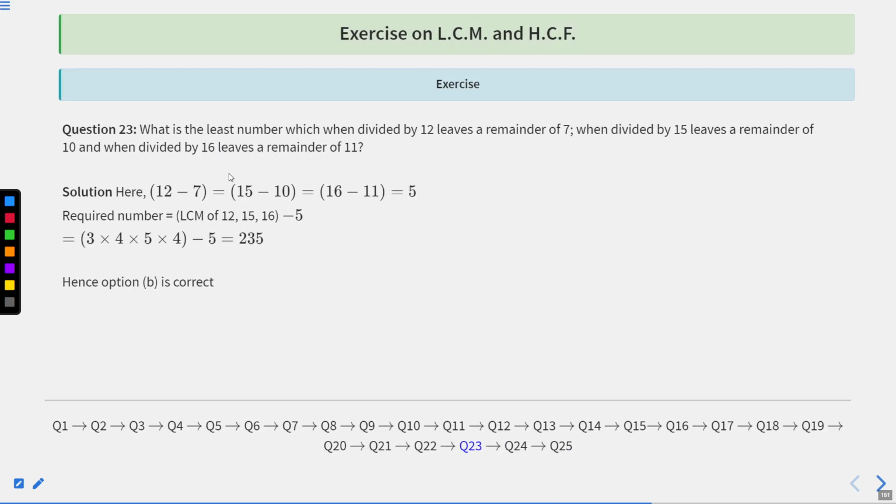Here 12 minus 7 is equal to 15 minus 10, and it is equal to 5. Therefore, the required number is equal to the LCM of 12, 15, 16 minus 5. So it is equal to 3 into 4 into 5 into 4 minus 5, that is equal to 235. So the correct option here will be option number B.